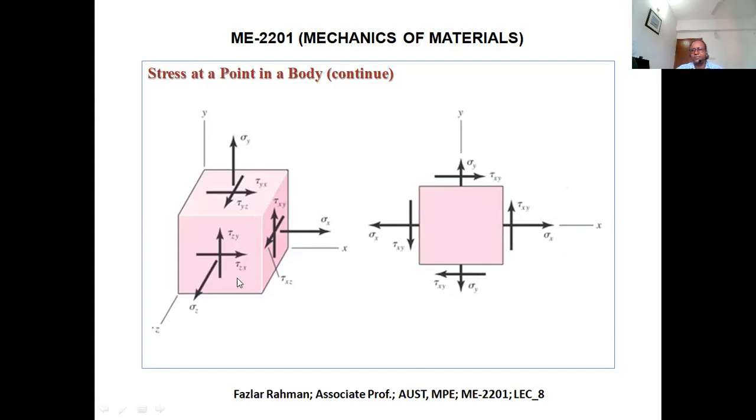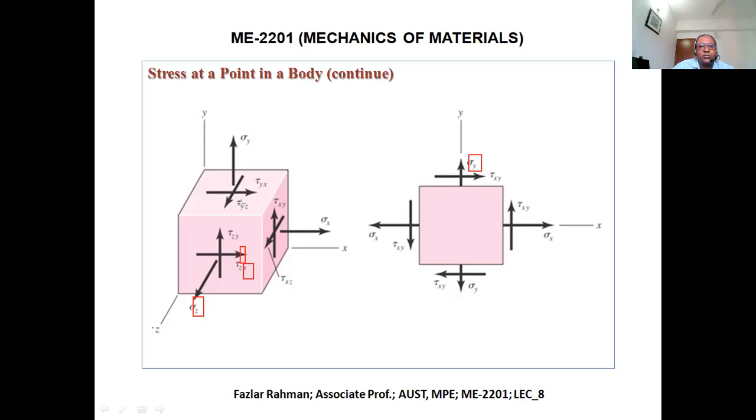So this body right over here has no stress along the z direction. That means this is 0, this is 0, this is 0. Then how many stresses do you have? If you squeeze it flat, because along the z direction there is no stress. Now on the upper surface, if I take the front view, there is sigma y, I put it like that.